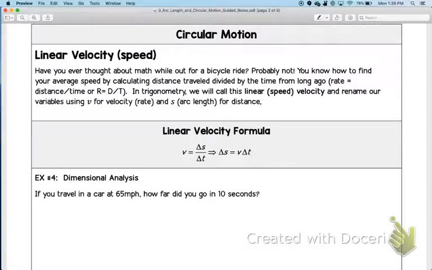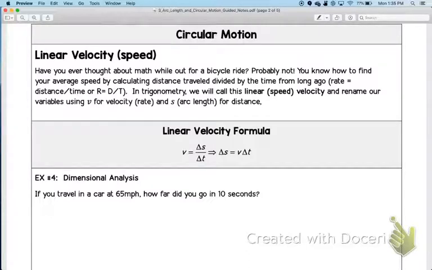Okay, so this is where we have the following formula. Your linear velocity v is equal to, remember delta is change, your change in s over your change in t, where delta s then would be equal to v times delta t. Okay, so let's go ahead and put this into practice. So dimensional analysis.